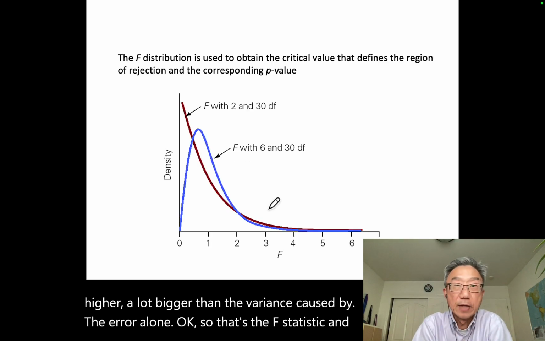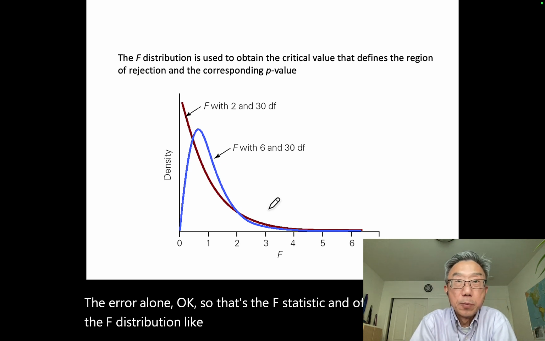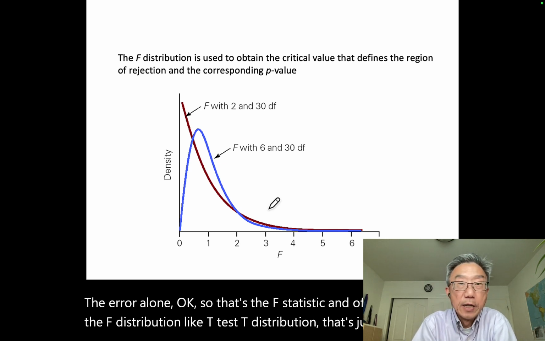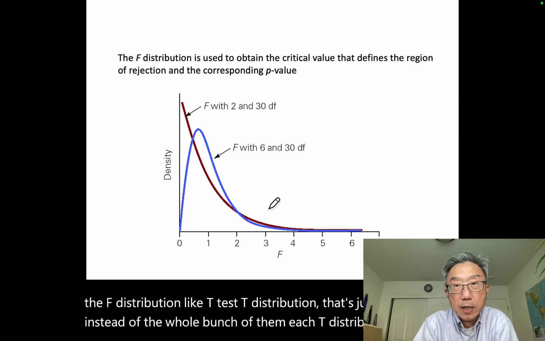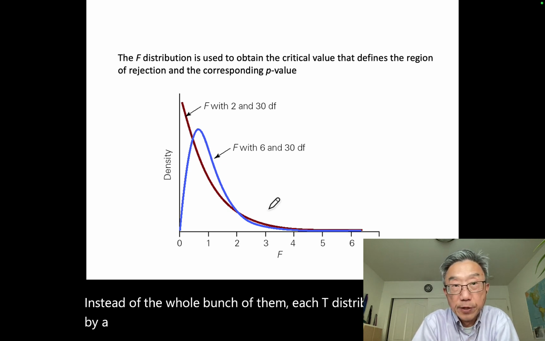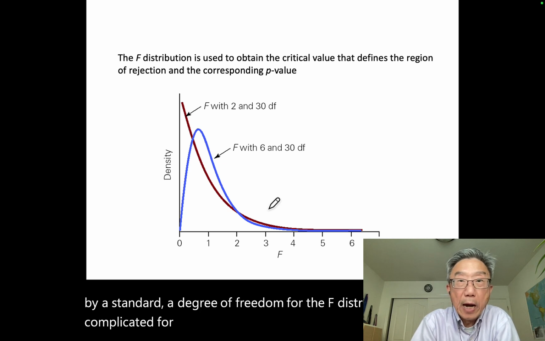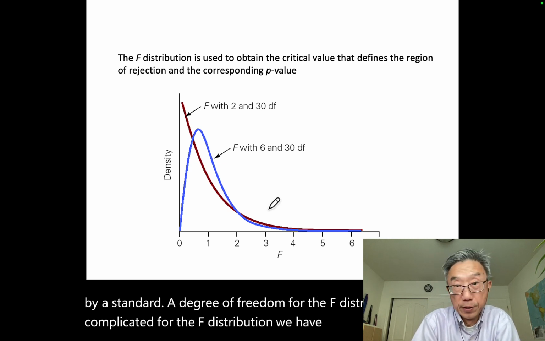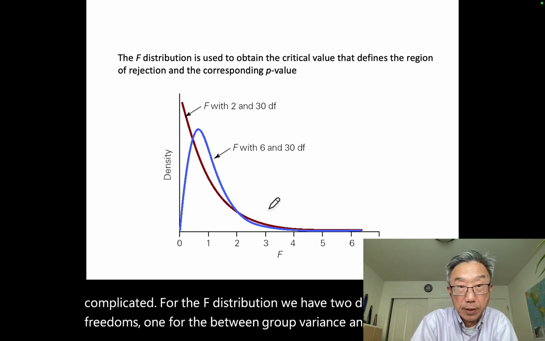And of course, we have the F distribution. Like the t-distribution, it's not just one; instead, there are a whole bunch of them. Each t-distribution is defined by a degree of freedom. For the F distribution, it's more complicated: we have 2 degrees of freedom, one for the between group variance and one for the within group variance.